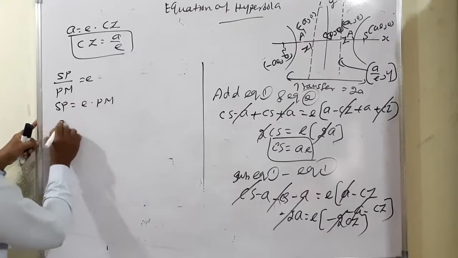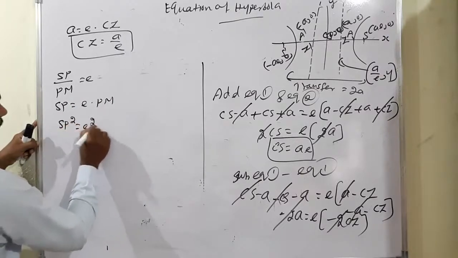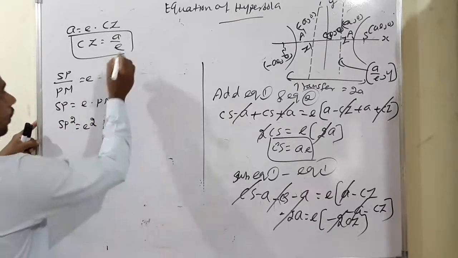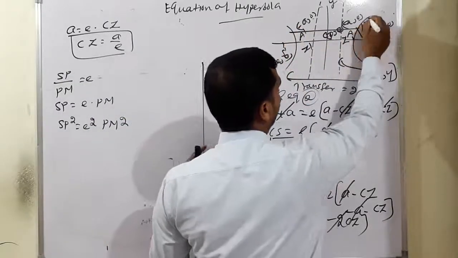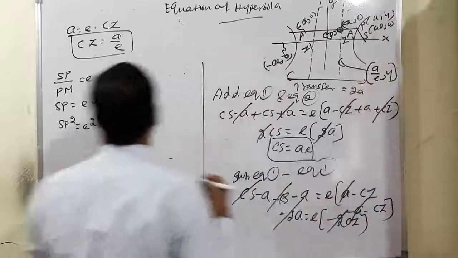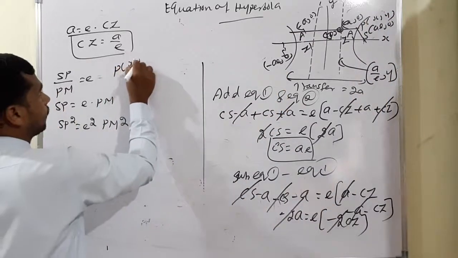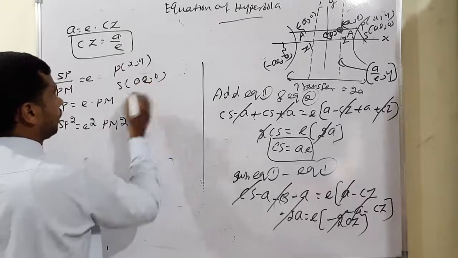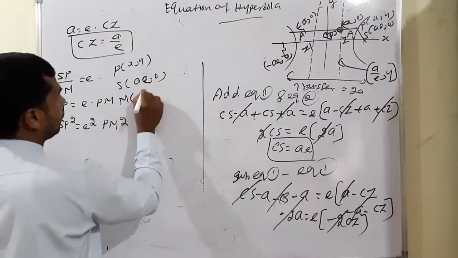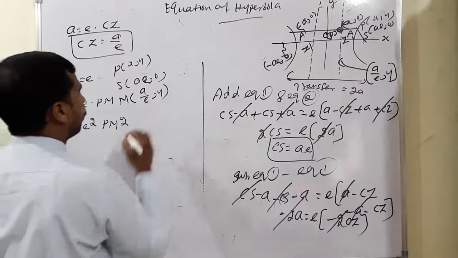Squaring both sides, SP square is equal to E square into PM square. The point P we consider as x comma y, the focus as AE comma 0, and M as A by E comma y.